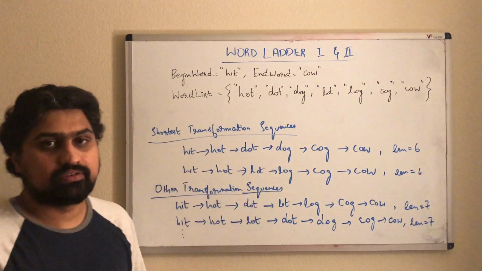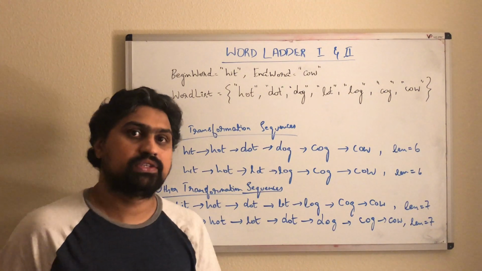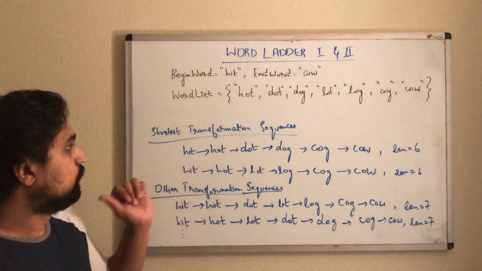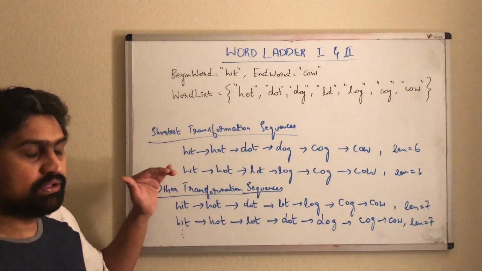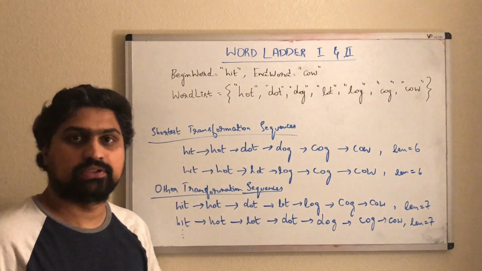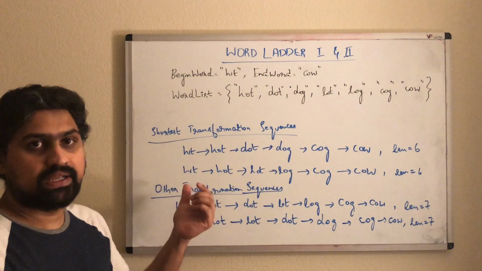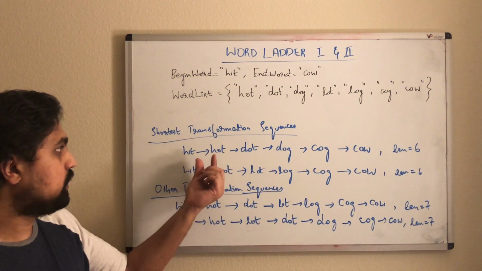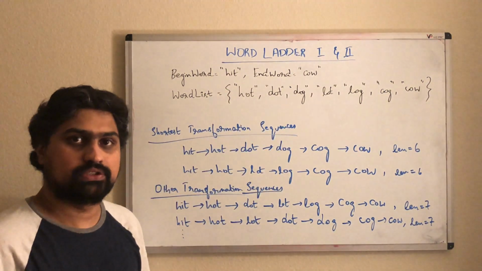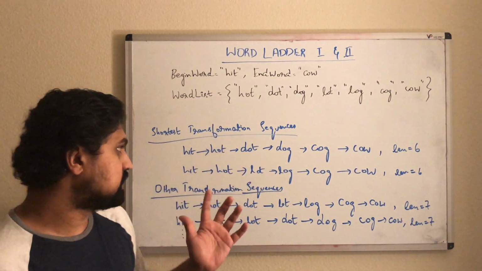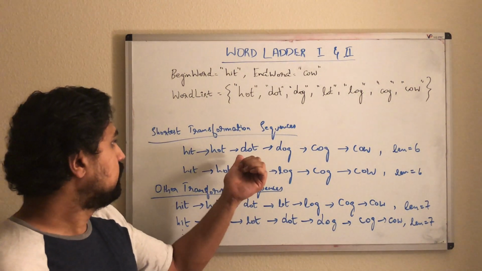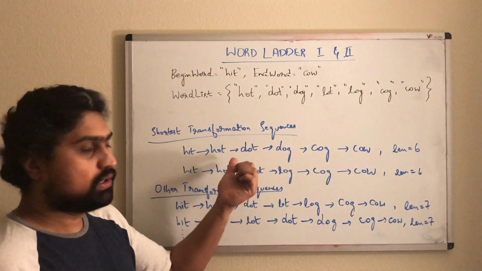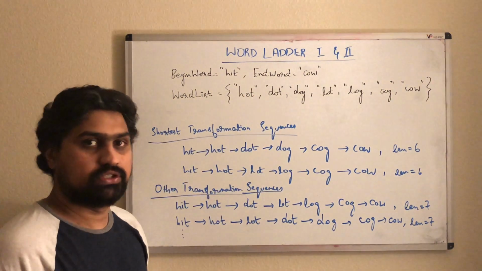Now, what is a transformation sequence, or what is a transformation in the first place? Okay, if you take this example here, hit to hot is a transformation because there is a change in one character, that is I is replaced with O, and this transformed word is part of this word list dictionary. Similarly, hot to dot is another transformation, and dot, the transformed word, is part of this word list dictionary.